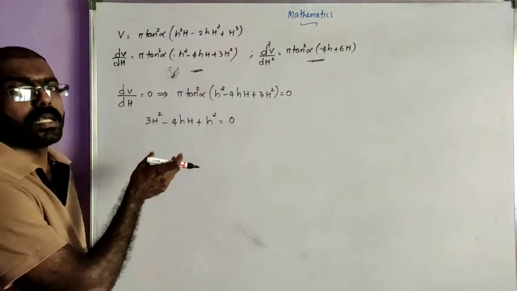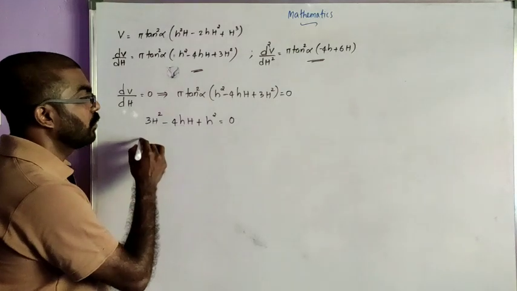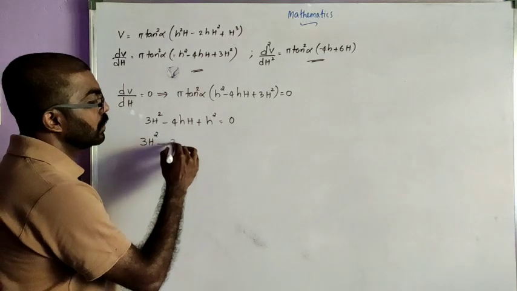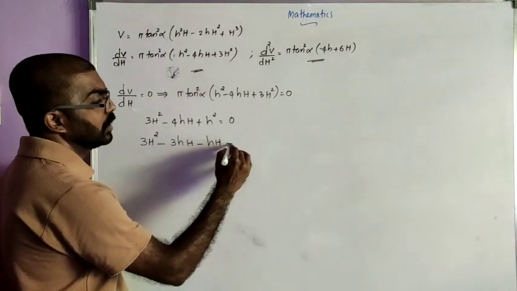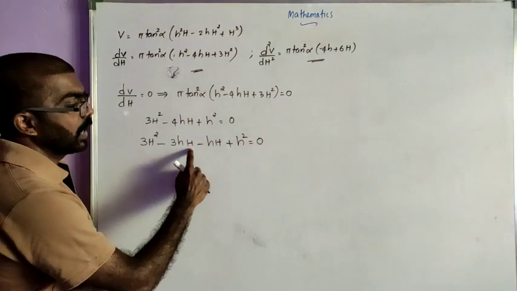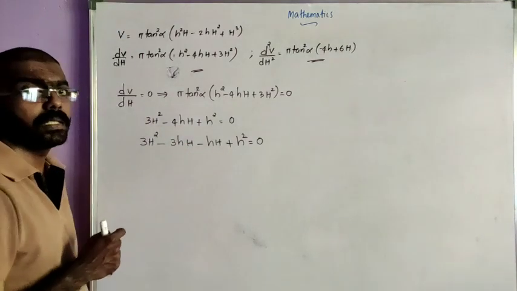We can consider this as a quadratic in capital H. For that we can split the middle term: 3H² minus 3hH minus 1hH plus h² equal to 0. Minus 3hH minus 1hH gives minus 4hH.